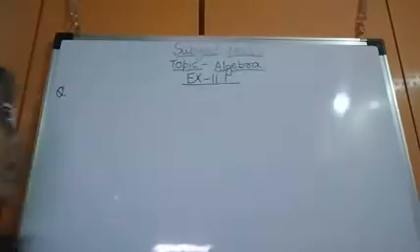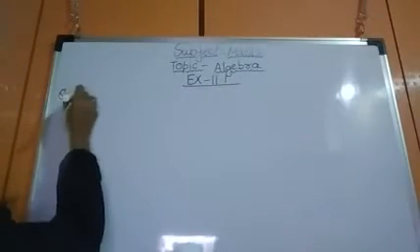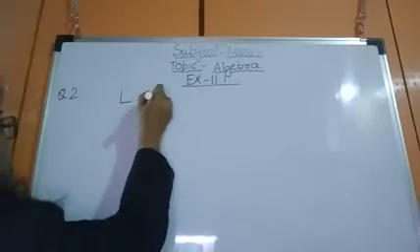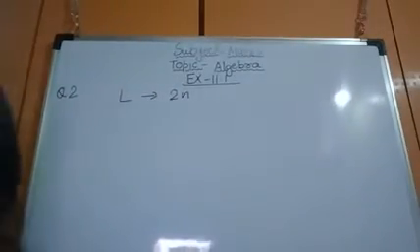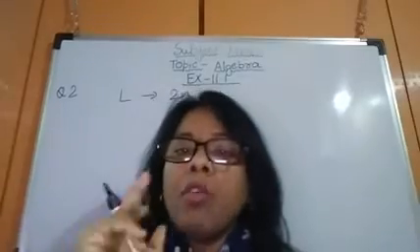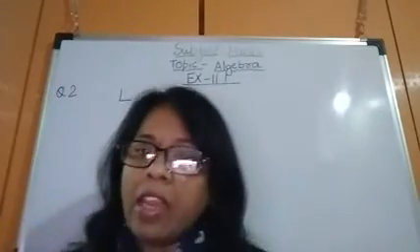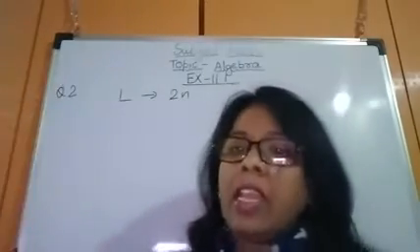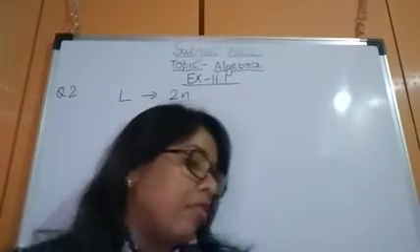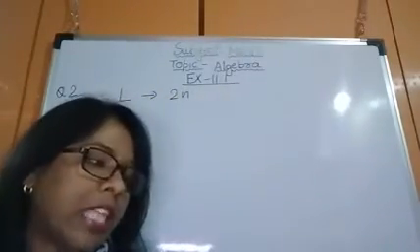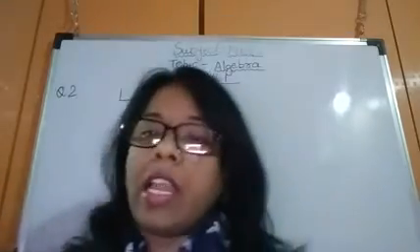For L, question number 2, for L what is the formula? That is, what is the rule? That is 2n. 2 matchsticks for 1 L. So for n L, how many matchsticks will be needed? 2n. You have to apply the same rule for other alphabet.